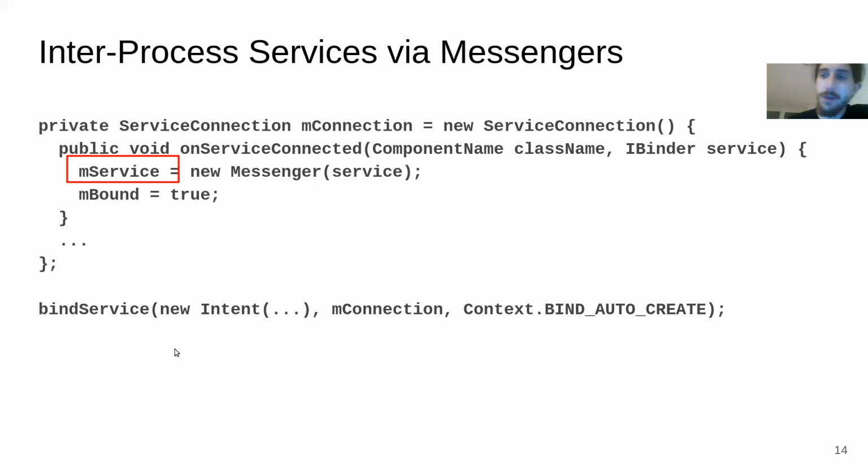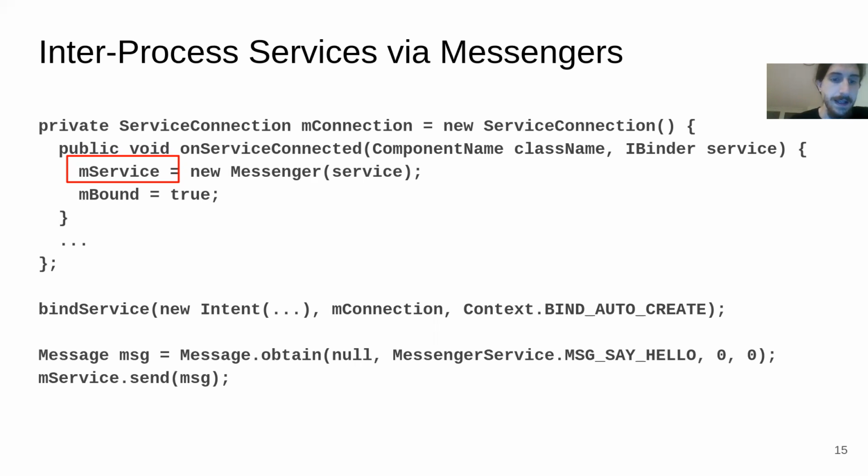And you remember when I said you just do bindService? Well, of course I lied. It's a bit more complicated. When you want to do bindService, you cannot just specify the intent that specifies the target service, you also need to specify an object that is going to be the handler of the connection when the connection is established.